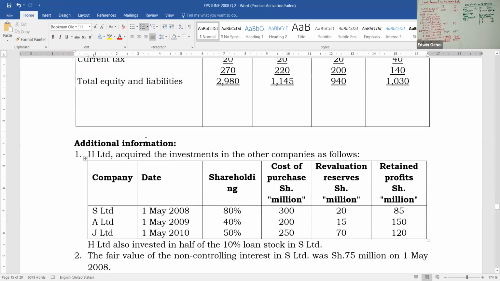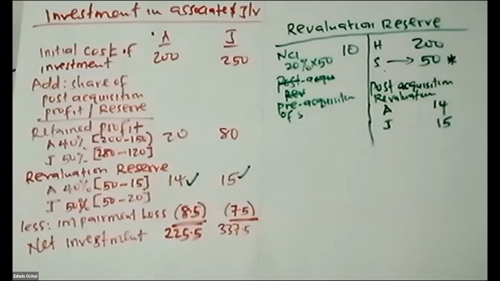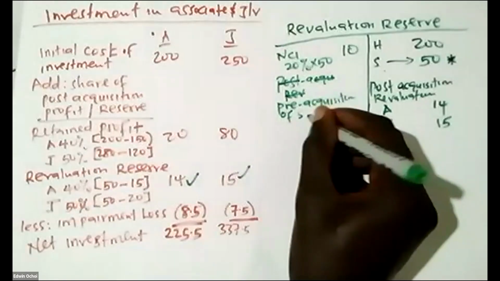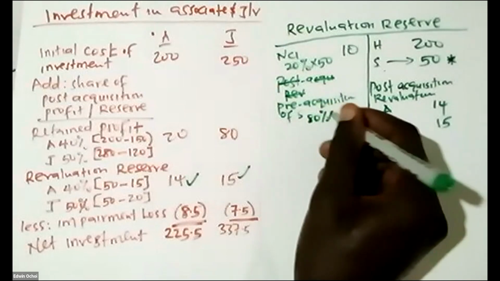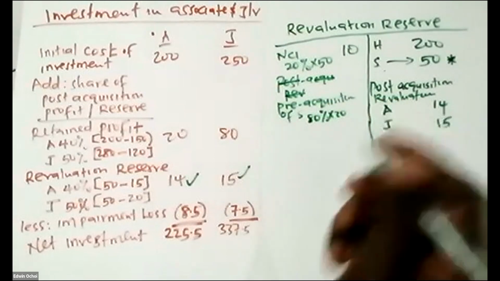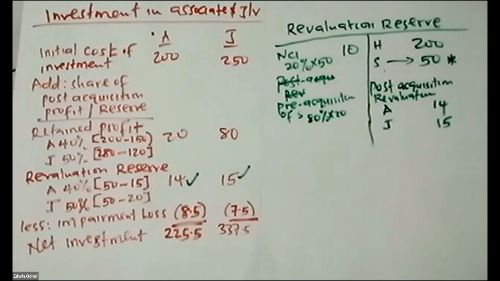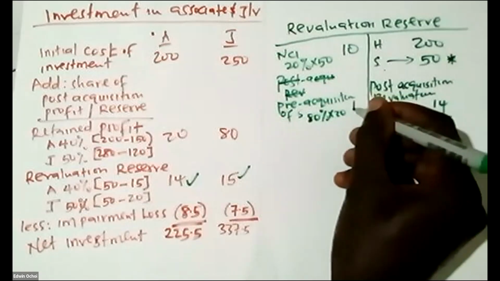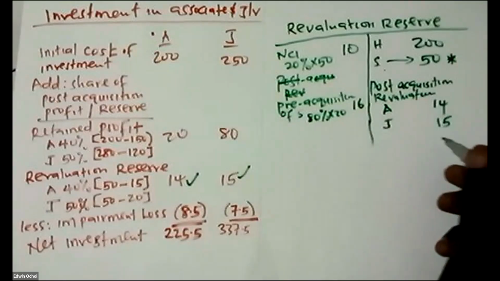This one you are given here, note 1. As at 1st May, in this column of revaluation reserve, you can see we have 20. For A and J, we have taken post. So for S, you have to take pre. But remember, it was controlled up to 80%. So 80% of that 20 as at the time of acquisition. So that one you get 16, because 8 times 2 is 16.